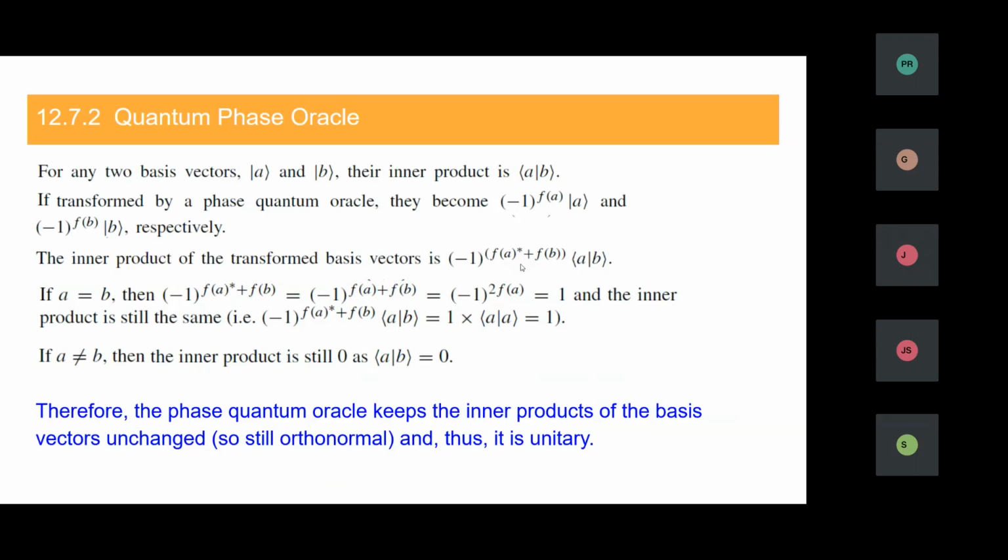And once again, what it tells you is that the phase quantum oracle retains the inner product of the basis vectors. It only tries to change the phases of the basis vectors, and it produces the phase shifts not at arbitrary phases, but in such a way that they are still orthonormal.